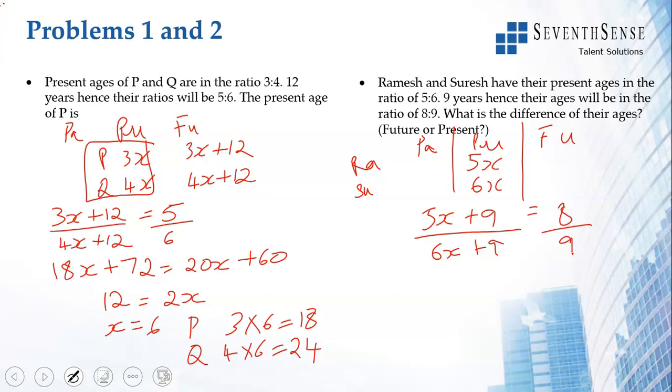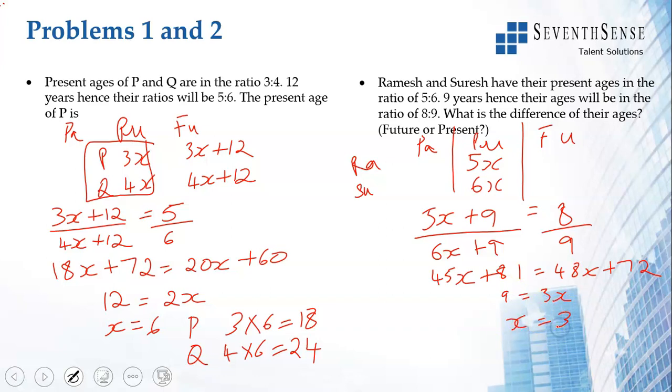But you've seen in the previous slide that the difference remains the same. So whether it's the difference of their ages in the past, in the present or in the future, the difference will remain the same. Okay, so if you multiply, 45x plus 81 is 48x plus 72, 3x is 9, x is equal to 3.